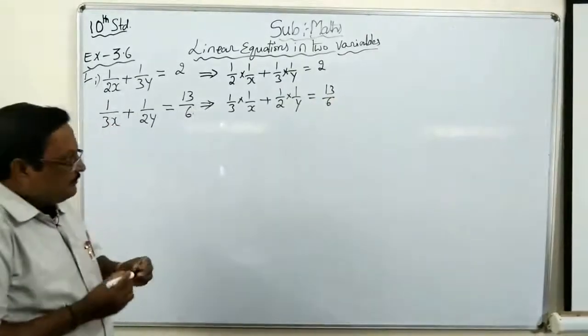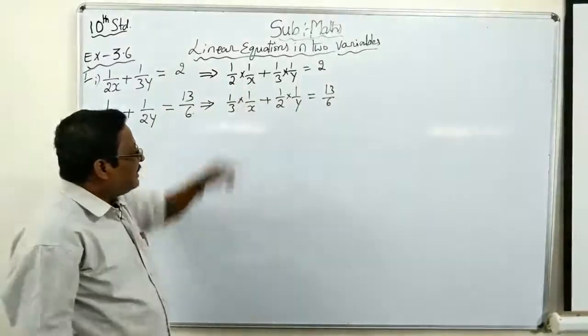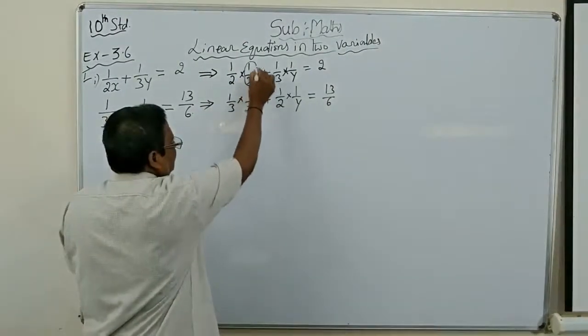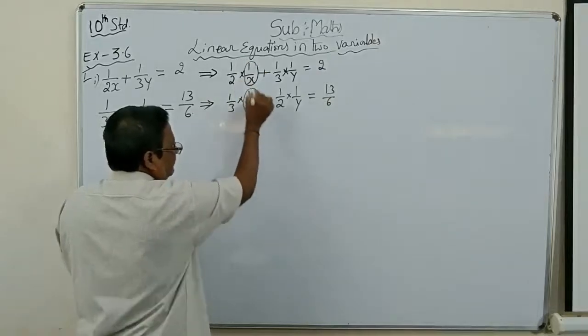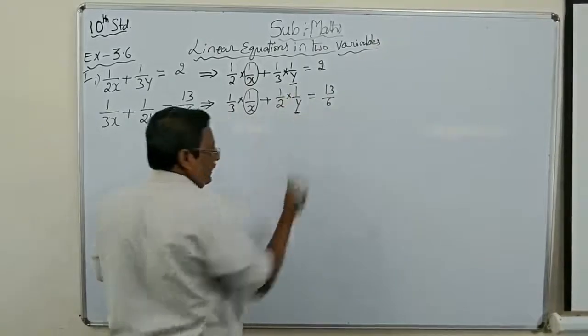See here, this is the first equation, this is the second equation. Where is the x term? This is the x term, 1 by x, this is 1 by x. The x terms are equal, the y terms are equal, 1 by y, 1 by y.